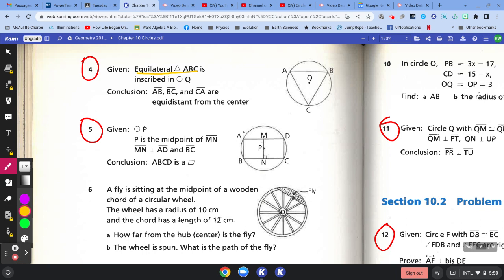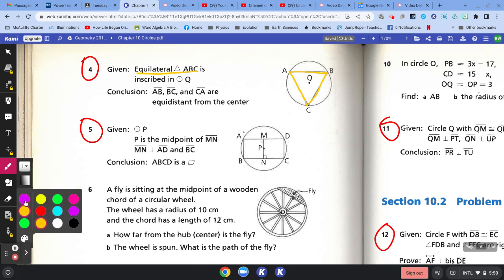So I'm going to assume you paused and now you've thought it through. Hopefully you have noticed that if it's an equilateral triangle, AC, BC, and AB are all congruent, and they're chords. They are chords because they connect different parts of the circle.